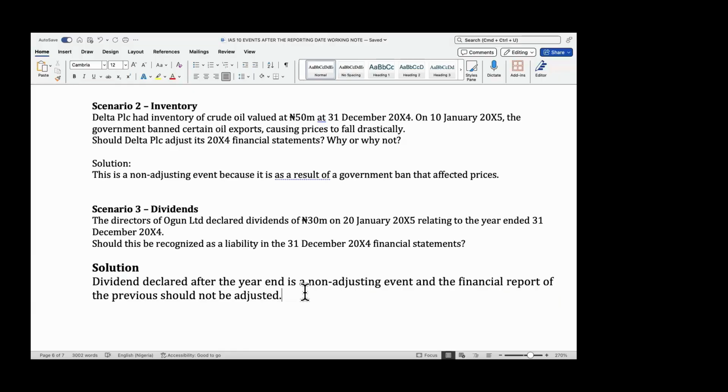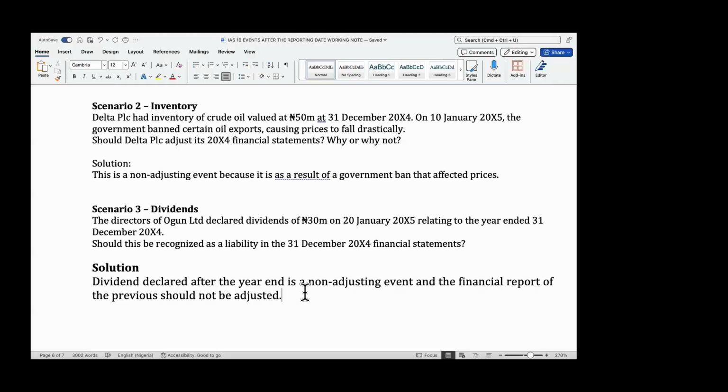But until last year and this year, that was when I began to understand that when a dividend is declared in a particular accounting year, even if it is not paid out yet, it has to be recognized as a liability. So I don't know whether I had a misconception previously, or there was a time that that principle was changed.